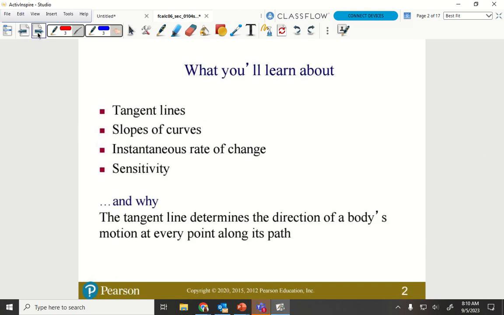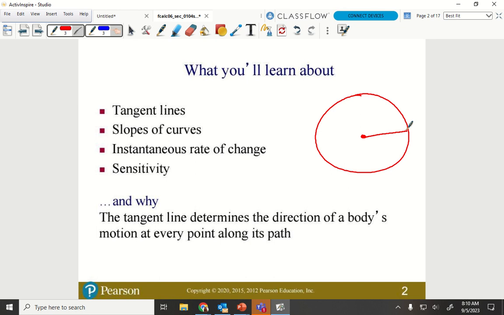Now, geometry. What is a tangent line? It's touching. It's like barely touching. Okay. So if I had a circle like this, and you put a line, that's my radius, right?